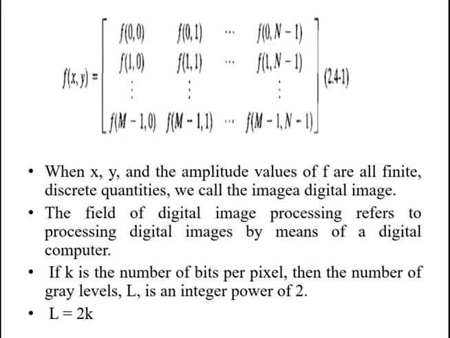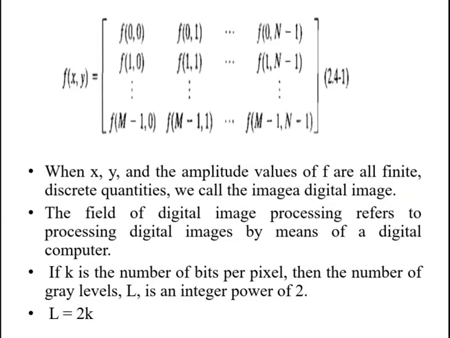This digitization process requires that decisions be made regarding the values for m, n and for the number L of discrete intensity levels. There are no restrictions placed on m and n other than that they have to be positive integers. However, due to storage and quantizing hardware considerations, the number of intensity levels typically is an integer power of 2, that is L is equal to 2 raised to k.